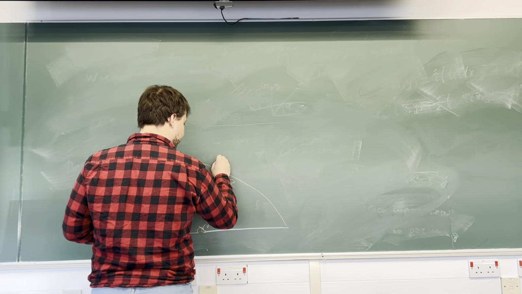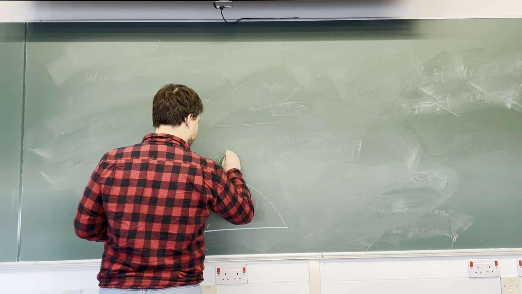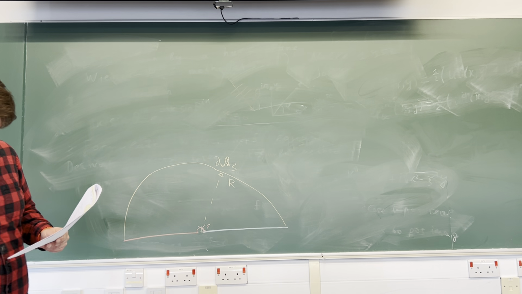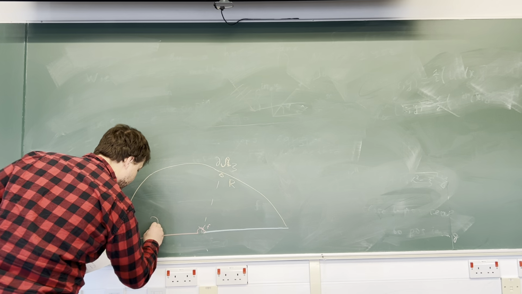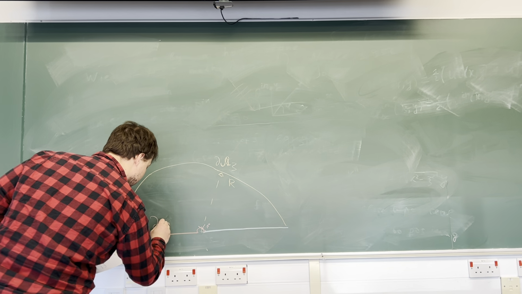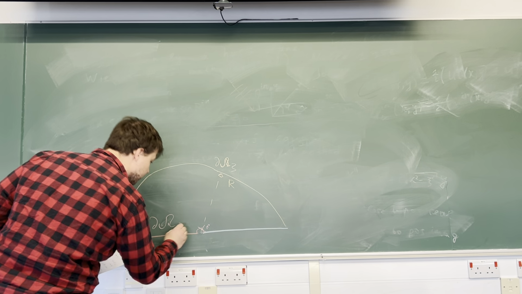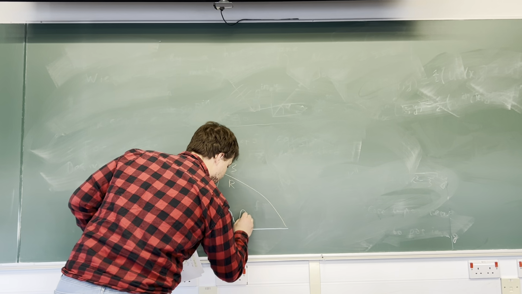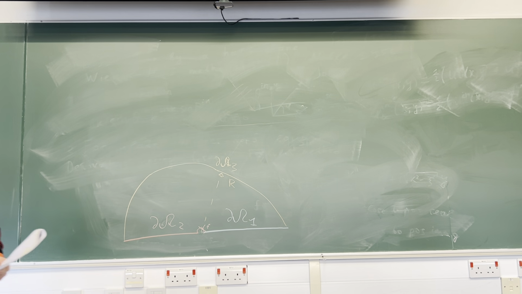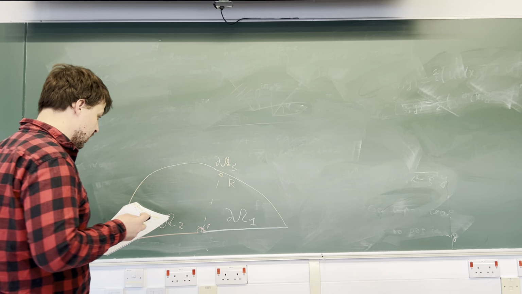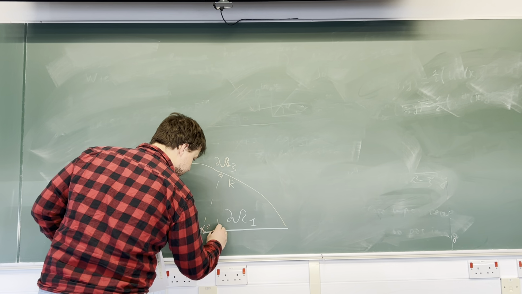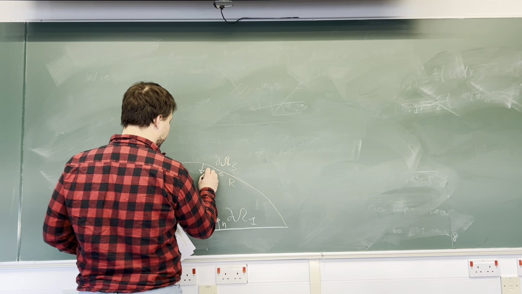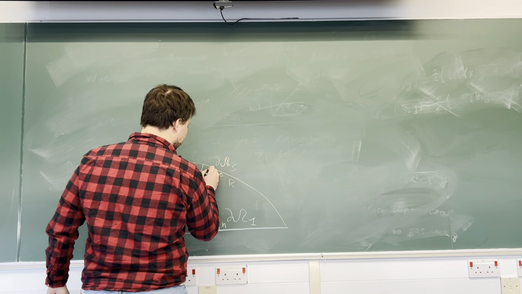So we have this boundary, the omega 3, and this boundary, the omega 2. So for Green's theorem, I need to define my normal. Here I have the normal going like this, so my normal looks inside the domain.